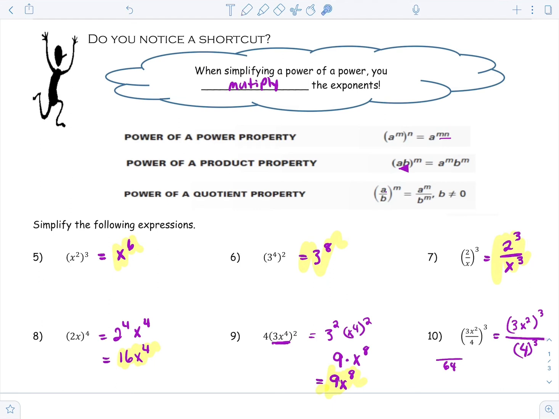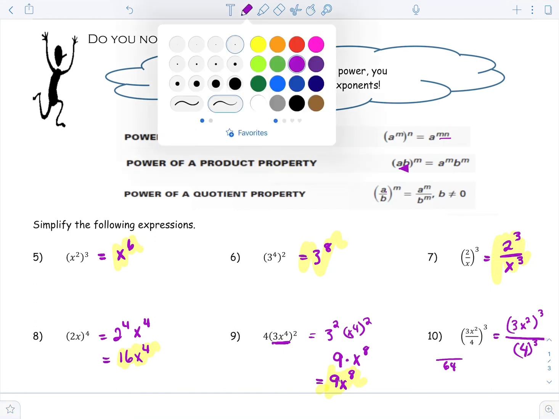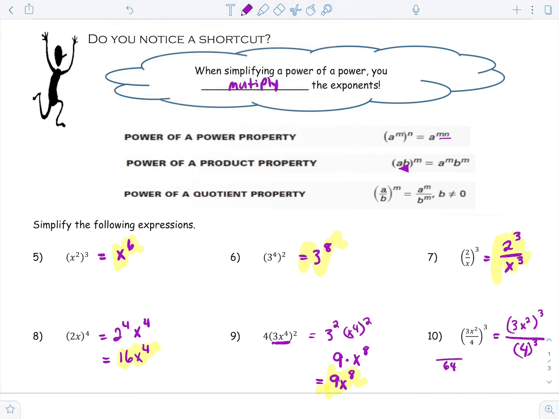But in that numerator, there's a product here, right? So we're going to distribute the 3 to each element, the 3 and then the x squared. So it becomes 3 cubed and then x squared cubed.